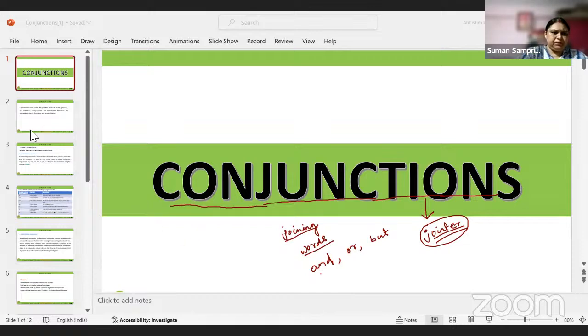So you can also share quickly some conjunctions that you know. Apart from these three, which are the very common conjunctions that we normally use, you can also talk about some more conjunctions via your chat, direct messages.